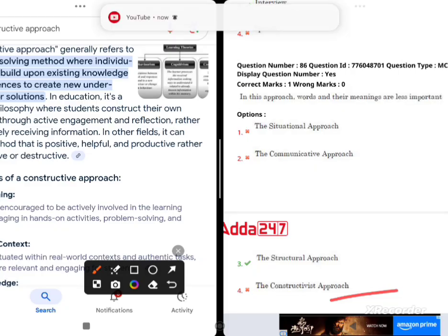In education, it's a teaching philosophy where students construct their own knowledge through active engagement and reflection rather than passively receiving information. In other fields, it can mean a method that is positive, helpful and productive rather than negative or destructive.